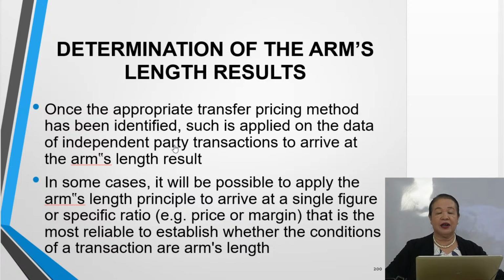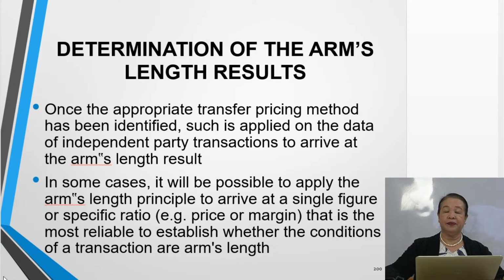What we are reading right now is Revenue Regulations 2013, which is the transfer pricing guidelines of the Philippines. In some cases, it will be possible to apply the arm's length principle to arrive at a single figure or specific ratio, the price or margin, that is the most reliable to establish whether the conditions of a transaction are arm's length.